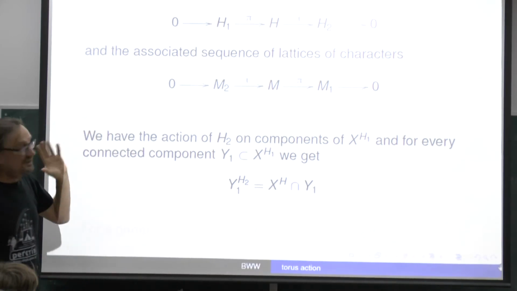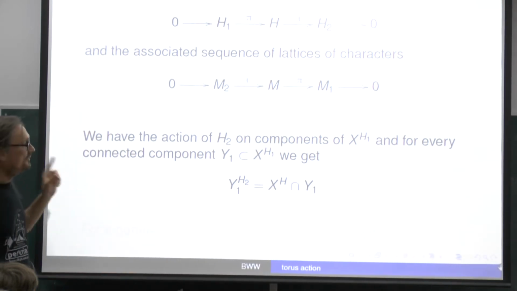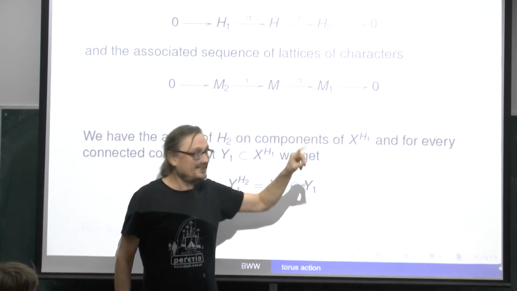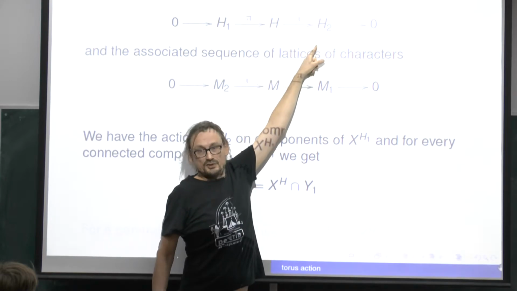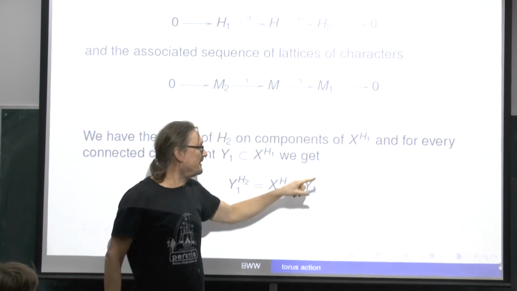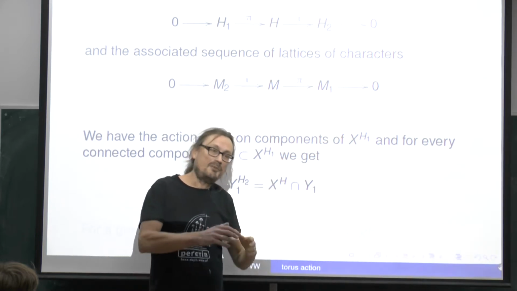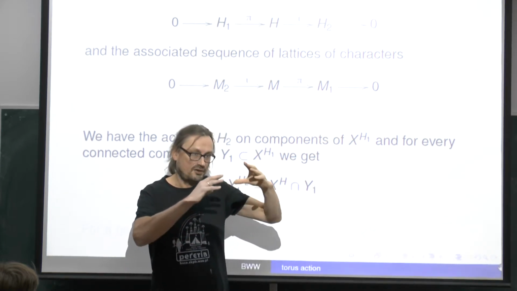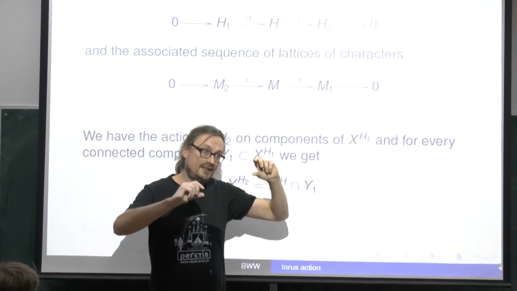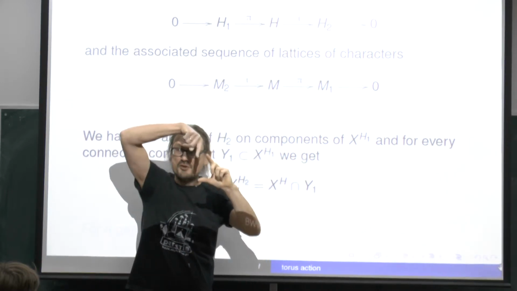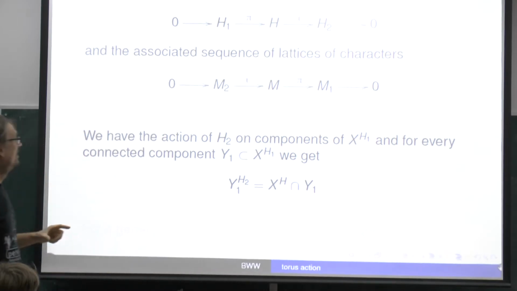So the downgrading is one option, but if you downgrade it and you take the fixed point set, then still the quotient torus will act on the fixed point set of this smaller torus. So somehow you decompose the action of the bigger torus into the action of the smaller torus, and then the action of the quotient torus on the varieties.